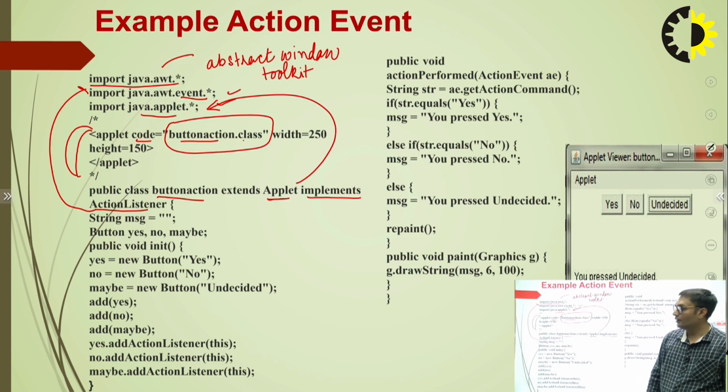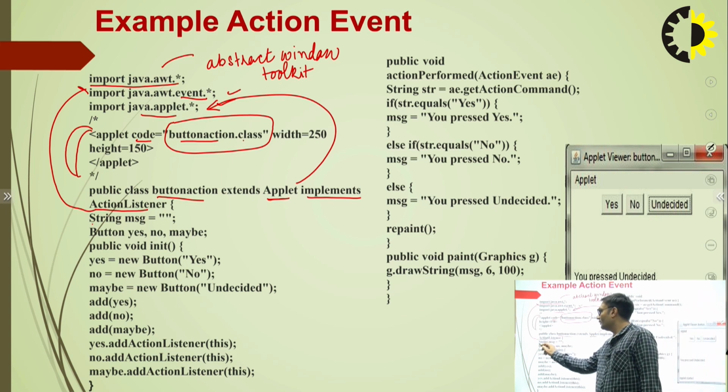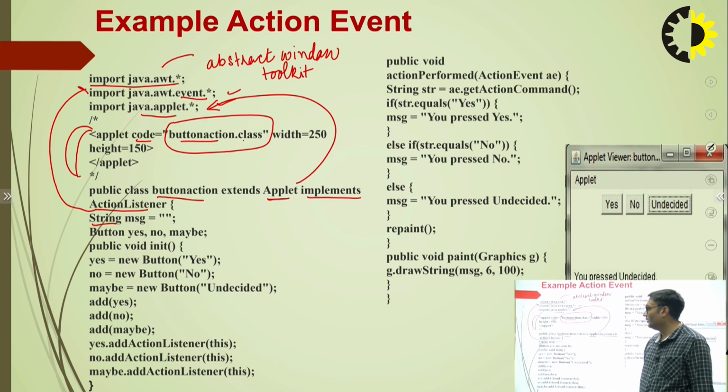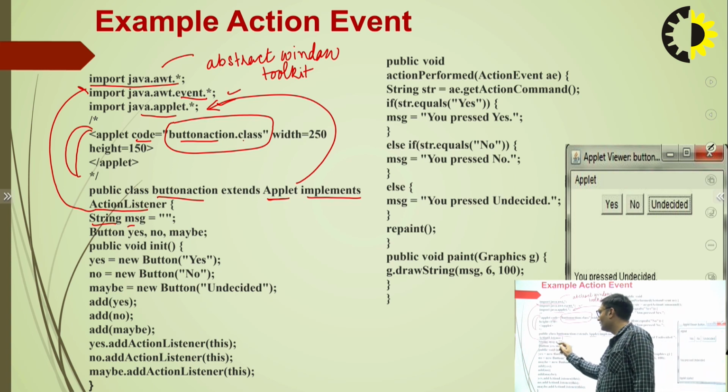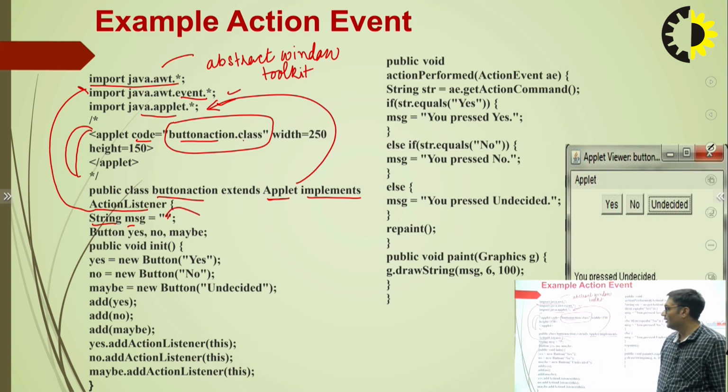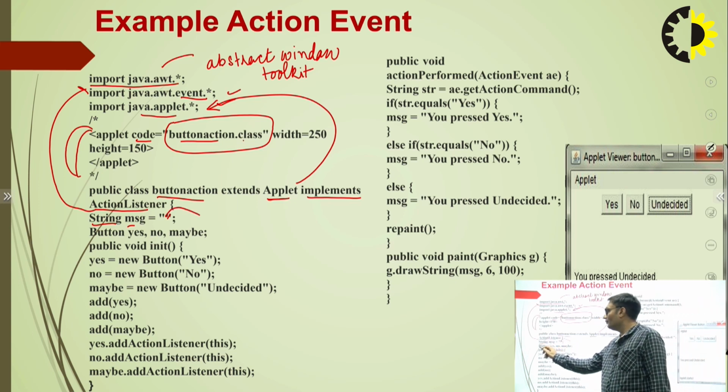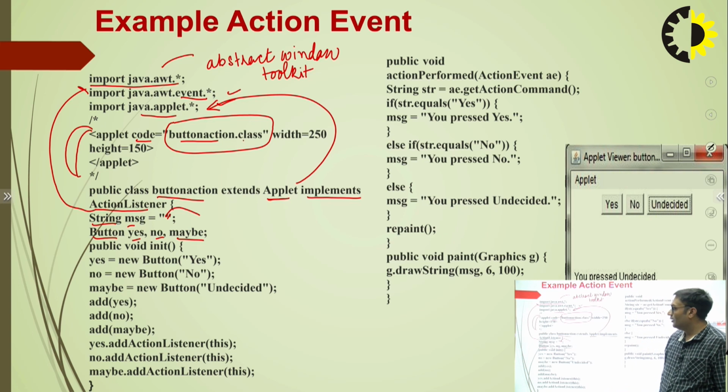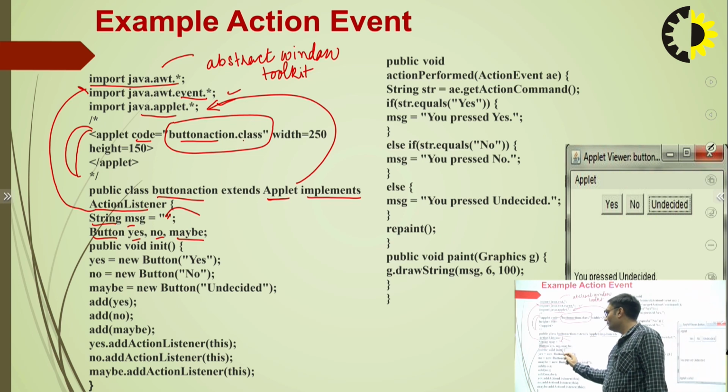Now first I'm taking a data type string, the name is message, and just giving a blank message. Now taking a button class and giving three options: yes, no, maybe. Now I'm initializing this applet using this one.